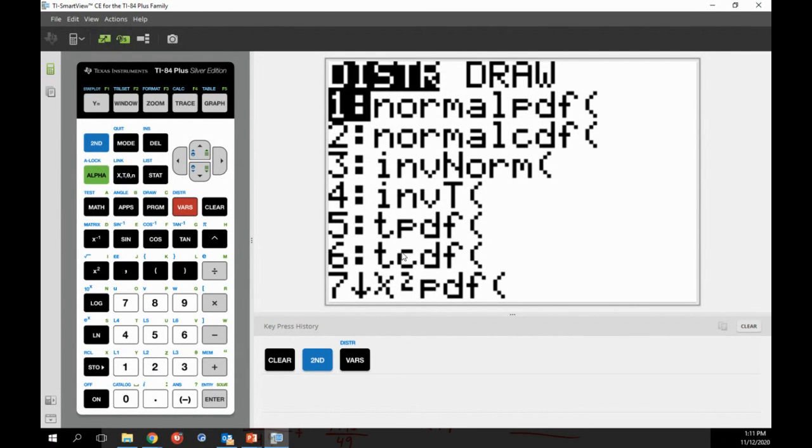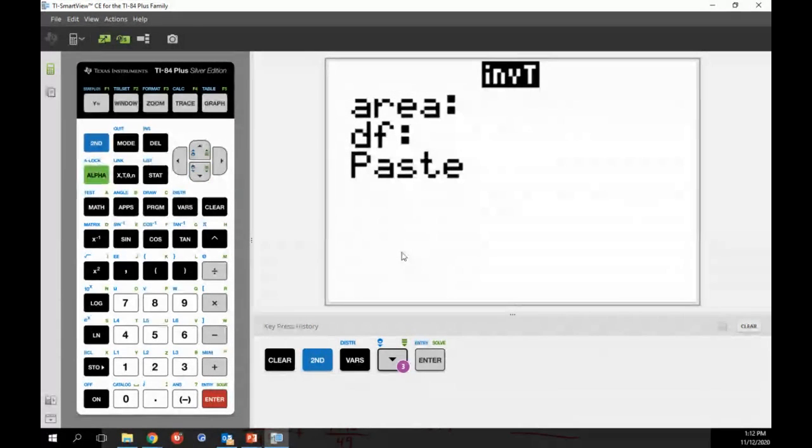I want the inverse T. Now, for a 98% confidence interval, if we're 98% confident, how much is in each tail of the interval?